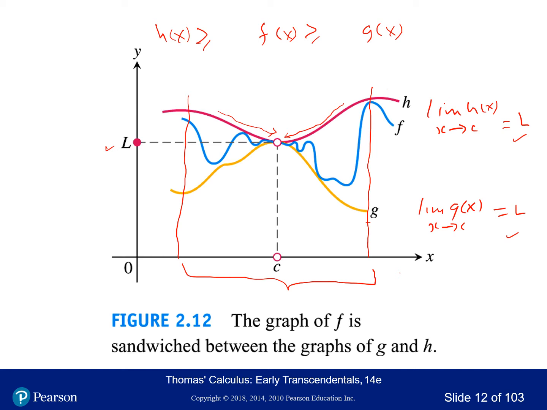You just pick any value of x in this interval, and h of x is greater than f of x, except at c. So that's why we said greater than or equal to. And in the same interval, every value of f of x is greater than or equal to g of x. So g of x always has the lowest y value compared to the other two. So that is the inequality that I want.